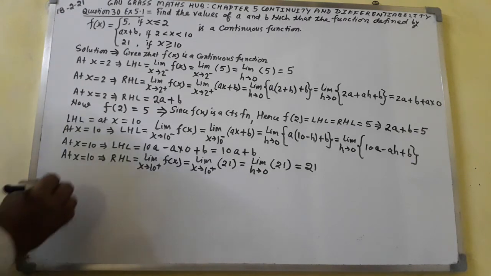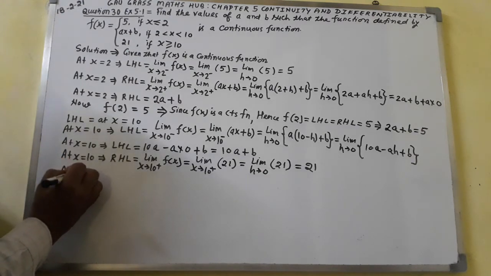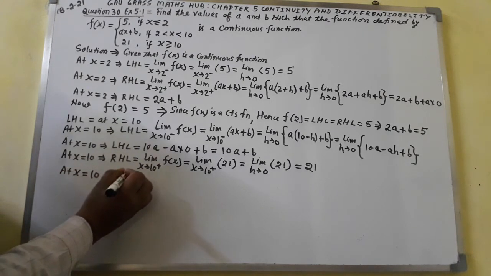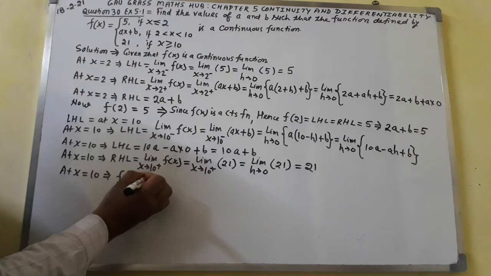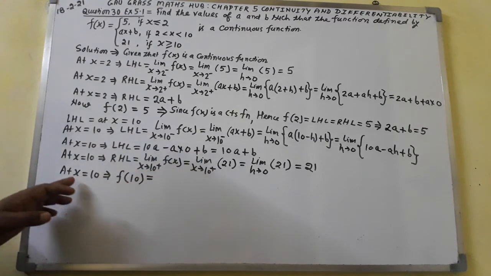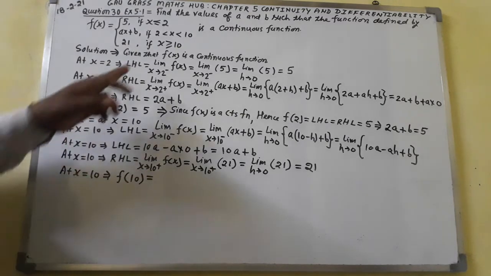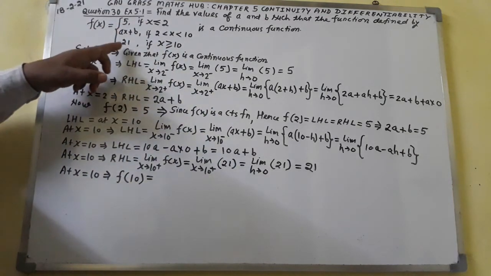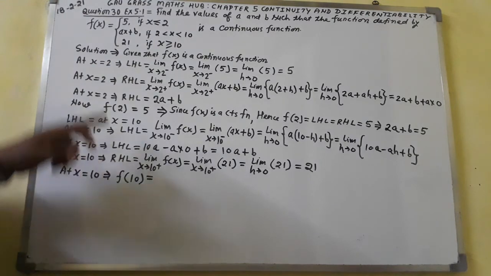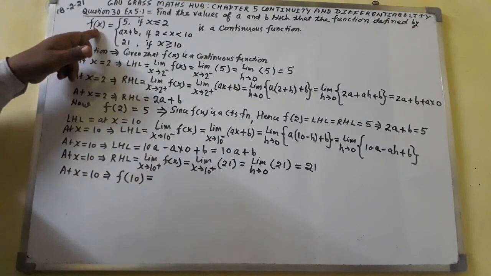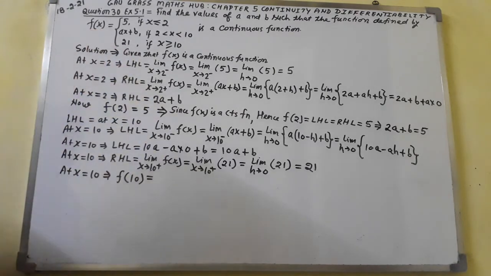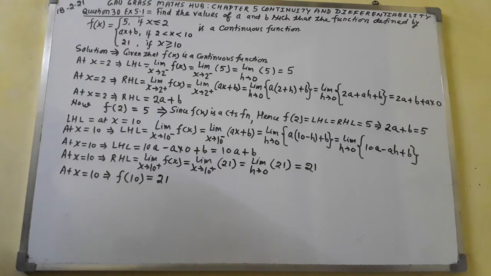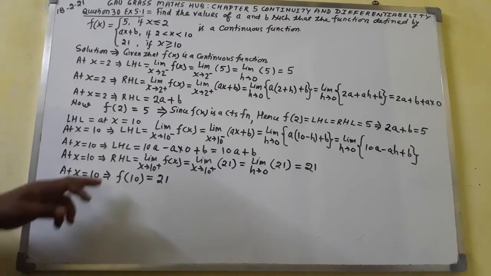And also at x equal to 10, f of 10: taking the function f of x equal to 21, in place of x I write 10, so f of 10 equals 21.